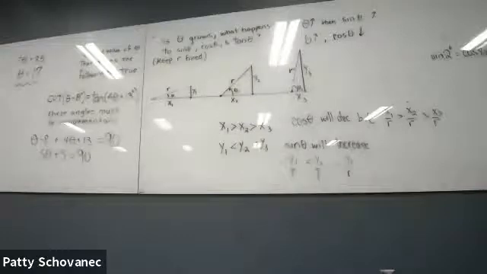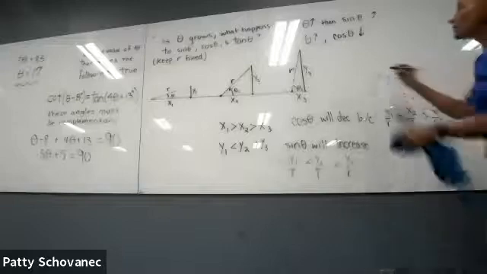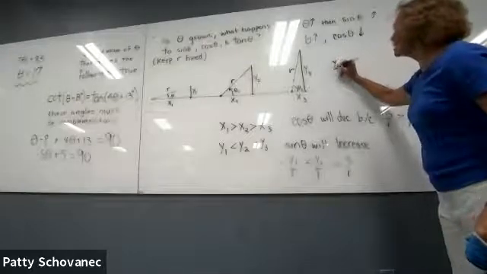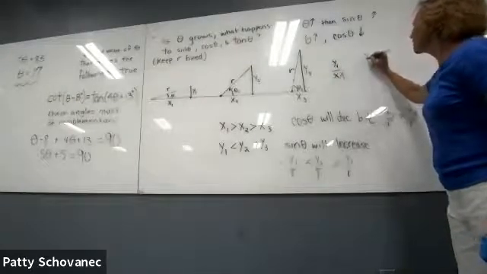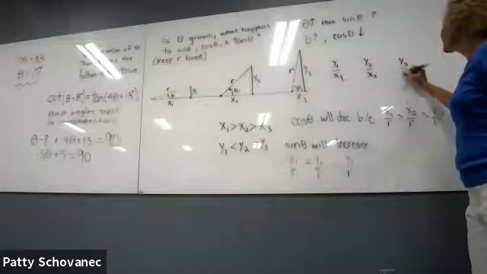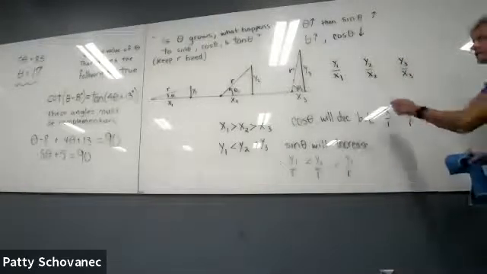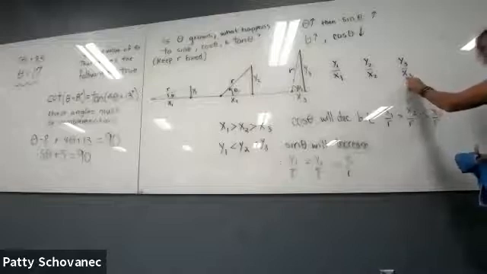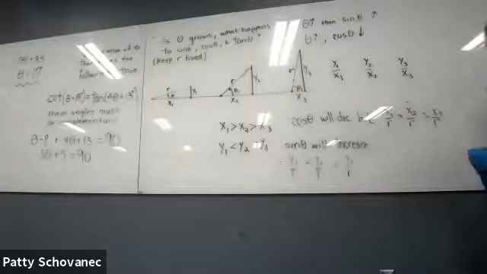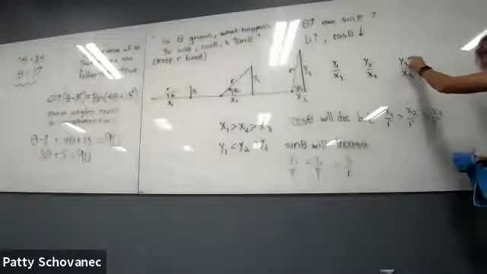Now let's look at the tangent of these angles. The tangent is going to be Y over X. So let's look at the ratios of Y1 to X1, compare it to Y2 to X2, and Y3 to X3. In these three fractions, this is the smallest denominator, and that has the biggest denominator. The smallest denominator corresponds to the bigger numerator.